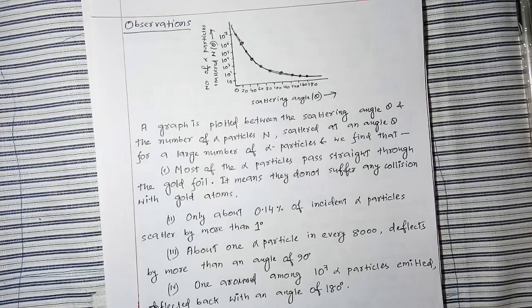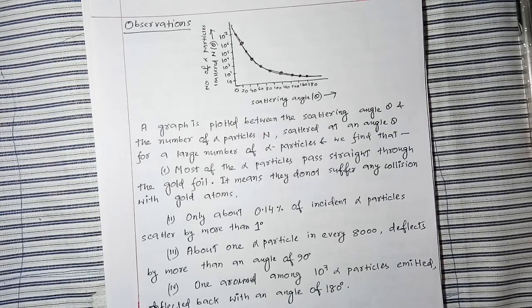Only 0.14%, a very small number of alpha particles, pass through the gold foil and experience a deviation and scattering, and the scattering angle in that case is more than 1 degree. Very small angle. They are deviated by a very small angle, right?